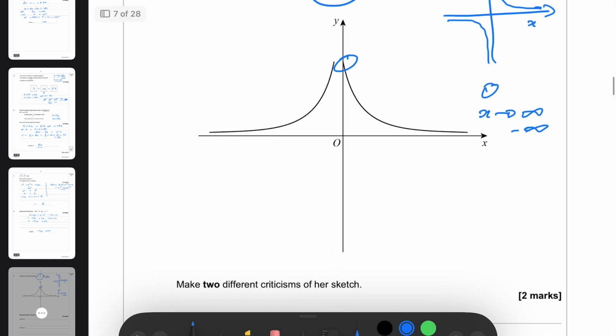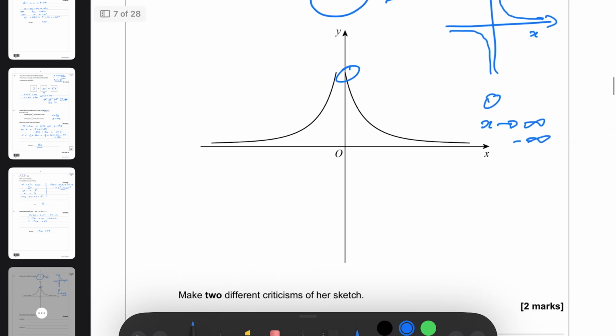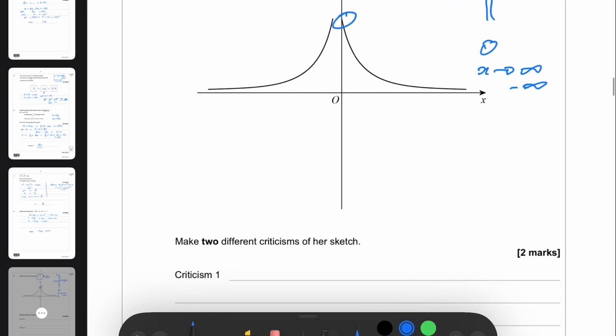So this is the first criticism. For example, f of 0 equals y equals 1 over 0 is defined but should not be.